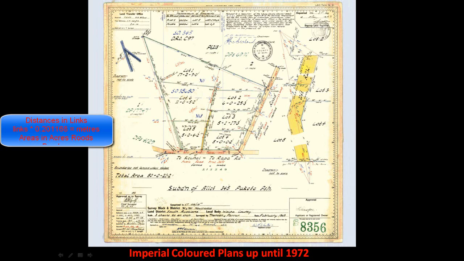These imperial plans were coloured plans, although some of them are available as microfiche in black and white. They were all originally, or most of them were drawn in colour, and this is a reasonably good example of a coloured DP, and these imperial plans were done this way up until 1972.